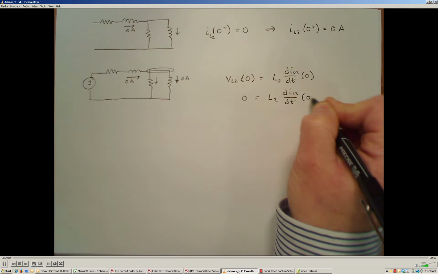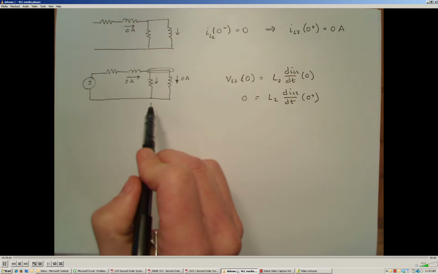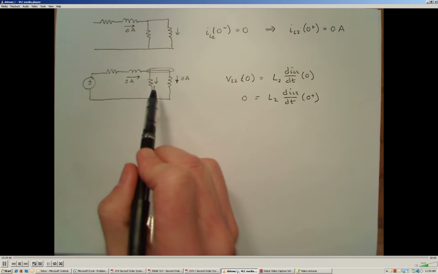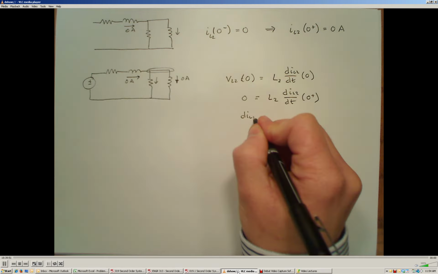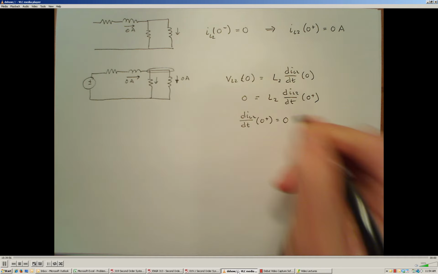So since there's no potential developed across that resistor, and no current coming into that node, we must know that the rate of change of current for L2 at time 0 must also be equal to 0.